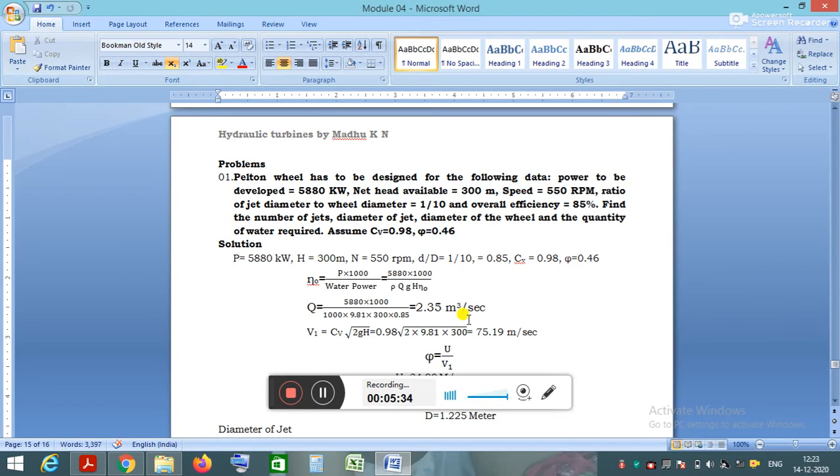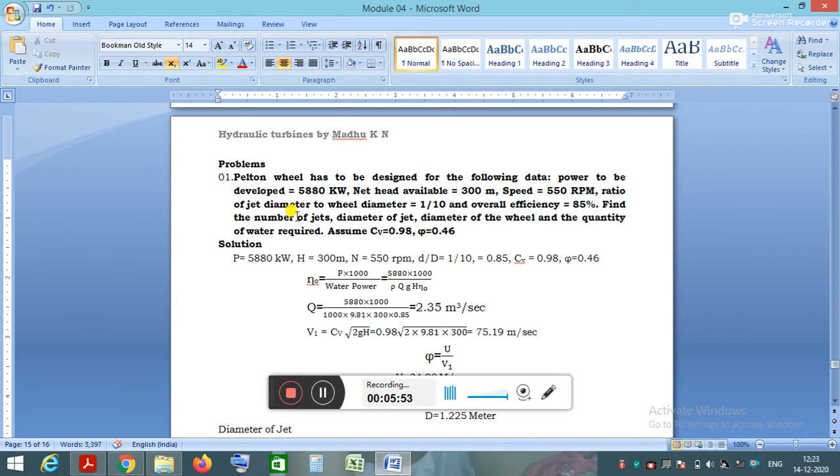What has he given? The power developed by the turbine is 5880 kilowatt, the net head available at the inlet of the turbine is 300 meter, and the speed at which the turbine rotates is 550 rpm.